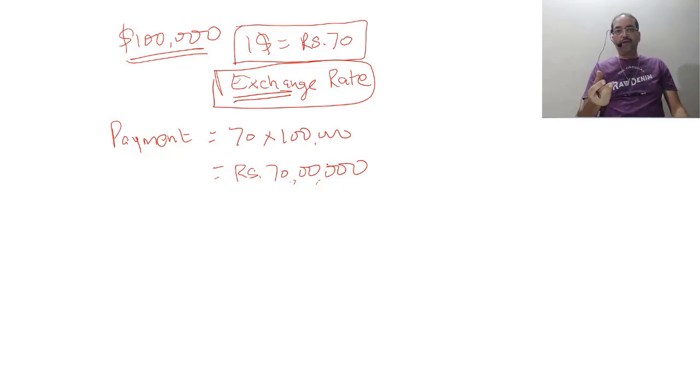But the supplier has to agree to that, which normally does not happen, because their currency is stronger, they will demand payment in dollars, and they know that I don't have any option. So that is basically what is implied here. That is the concept of foreign currency and foreign exchange.